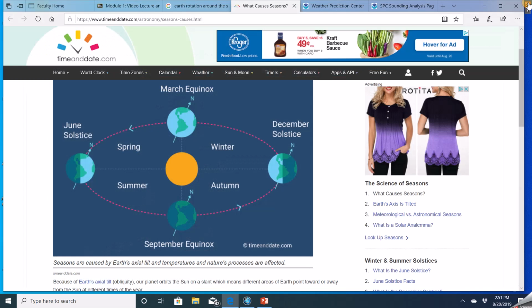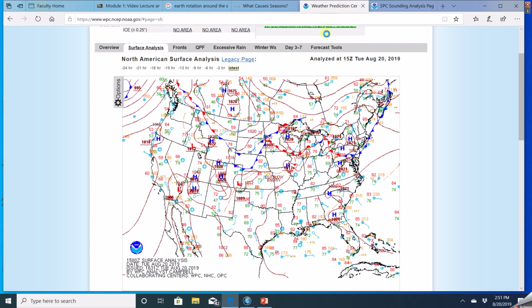So with that, I wanted to just show you a little bit of what looking at some weather maps is like. And here is the current weather map for today. You're going to get into what these symbols mean. But basically, temperature is always going to be the upper left-hand corner of what we're going to call a station plot.